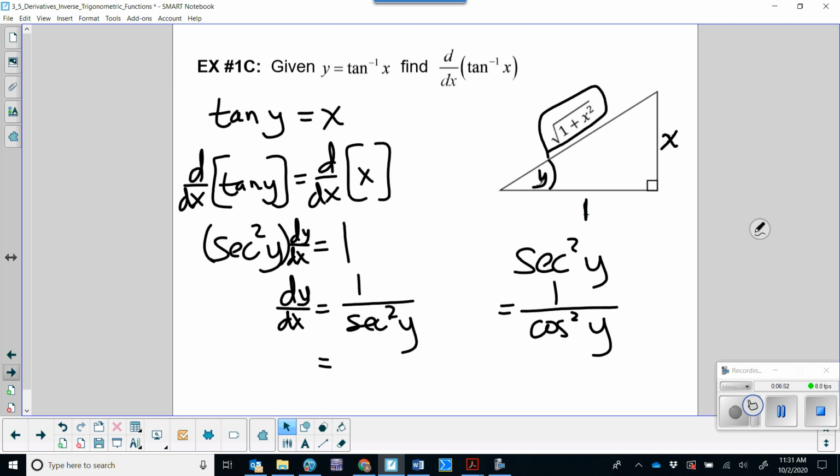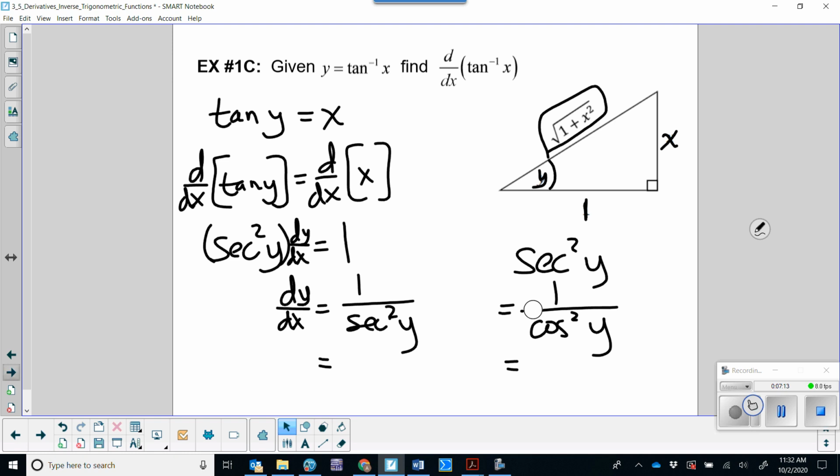And then cosine is again adjacent over hypotenuse.